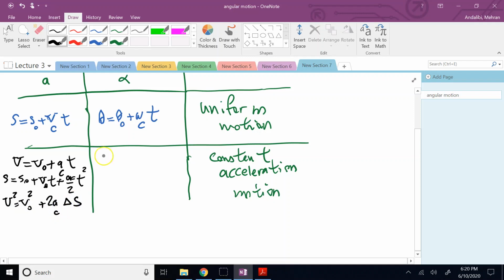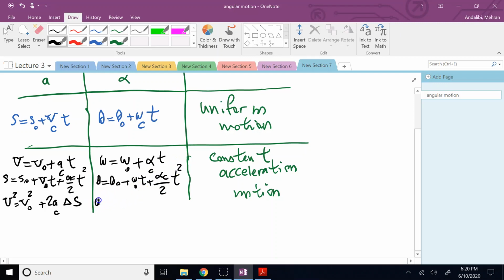Here I can write the very same thing. I can say omega is equal to omega naught plus alpha_c times t, assuming alpha_c is constant. And I can say theta is equal to theta naught plus omega naught times t plus half of alpha_c times t squared.